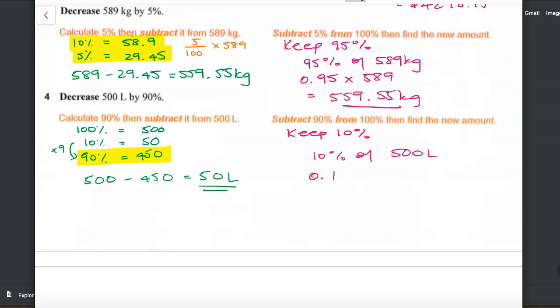That's 0.1 of 500, or a tenth of 500, and this is equal to 50 litres. So we've got two different methods that give us the same solutions. Method 1 just helps us identify what the percentage total is as an amount and then add or subtract it. Method 2 allows us to incorporate it into our calculation.